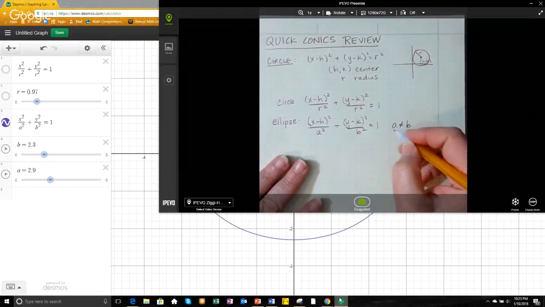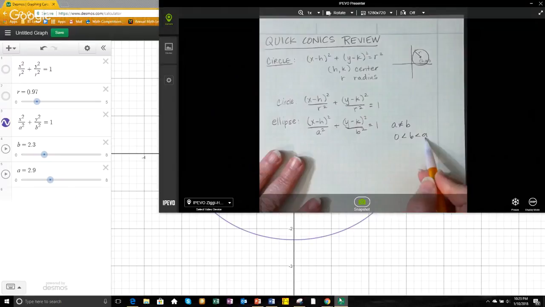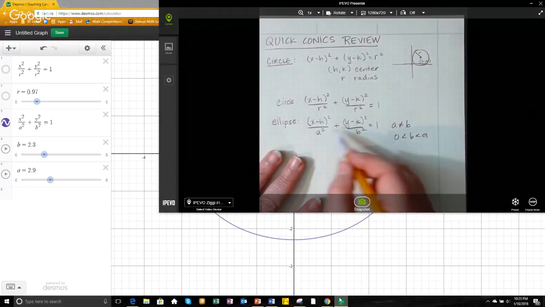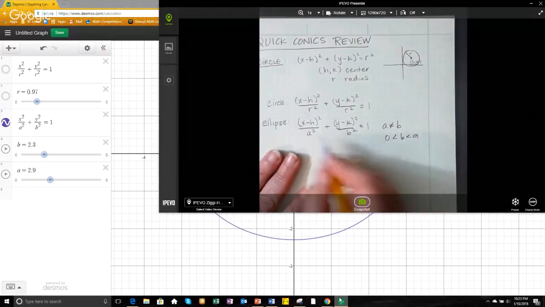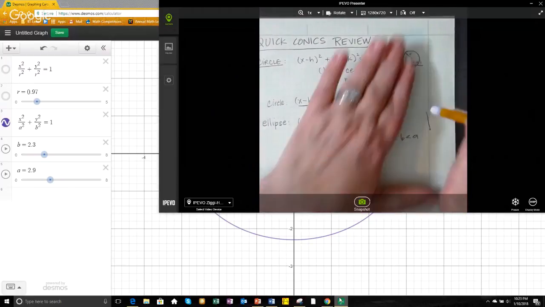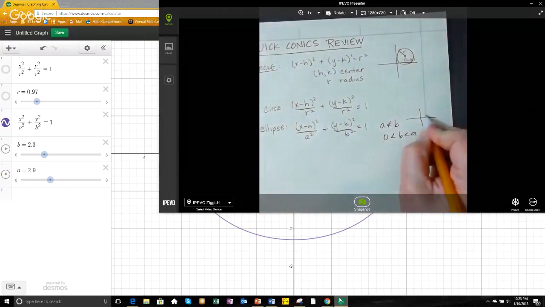And for ellipses, the order of ascendancy here is that a has to be greater than b, which has to be greater than 0. And this ellipse is a certain shape: if the larger number is under the x, it's what we call the football shape, because the bigger stretch is in the x direction.